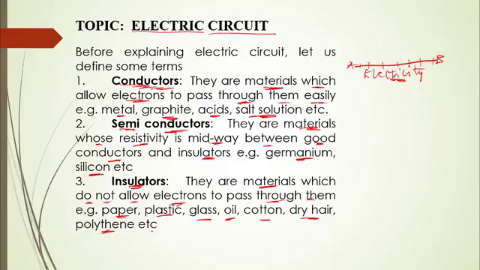Hence, they are called insulators. Remember that semiconductors have a resistivity value midway between that of good conductors and insulators, which means semiconductors under certain conditions can be good conductors and in other conditions they can be insulators or bad conductors.